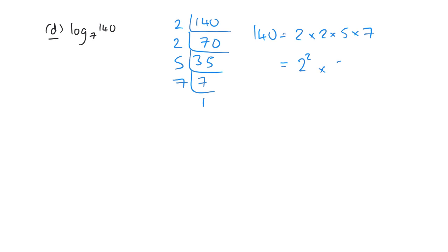Now, this writing them as prime factors, remember there's a button on your calculator that says fact. So if you entered into your calculator 140 and hit equals, and then press this fact button, it's shift, and then the button that looks like it should be in English, fact is above that, and it'll work out the factors for you.